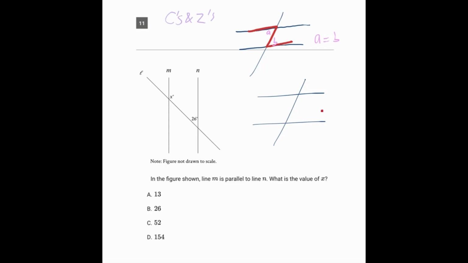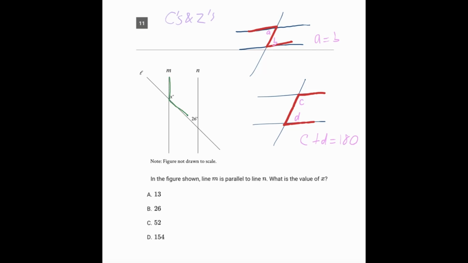If, on the other hand, your angles create a C shape or a backward C shape, let's call these C and D, then those two angles will always be supplementary. They'll add up to 180. So C's and Z's can take care of a lot of your parallel line woes. In this situation here, we've got a C shape.